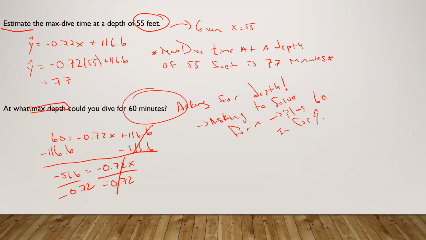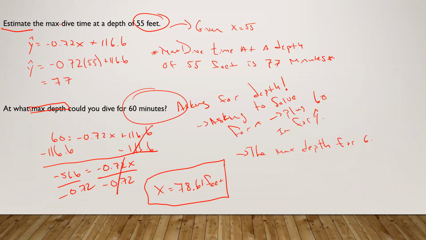And if you plug this into your calculator, I think you get x is equal to 78.611, repeating, it goes on forever. So the max depth for 60 minutes of dive time would be 78.61 feet.